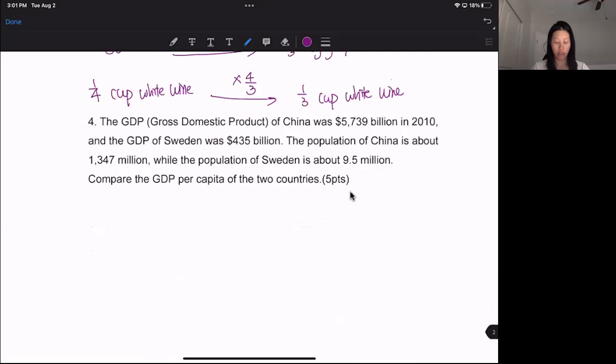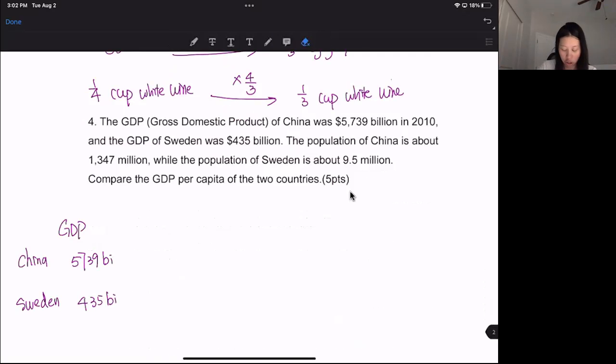Okay, so the next one is the GDP of China. I'm going to write it down. The GDP of China is 5,739 billion, and the GDP of Sweden is 435 billion.